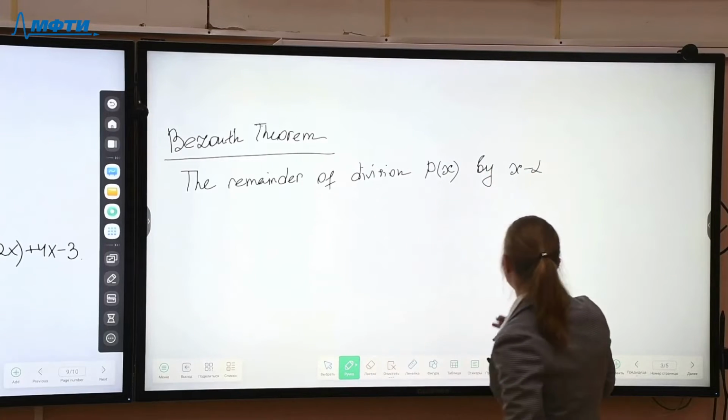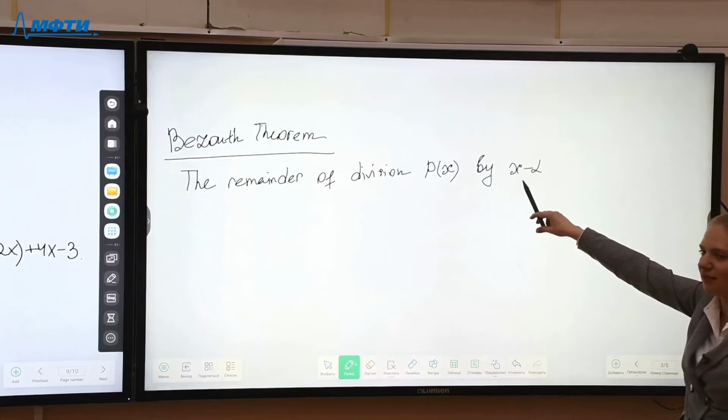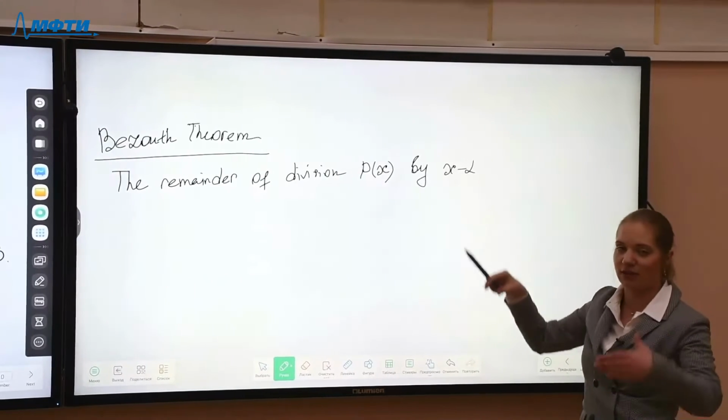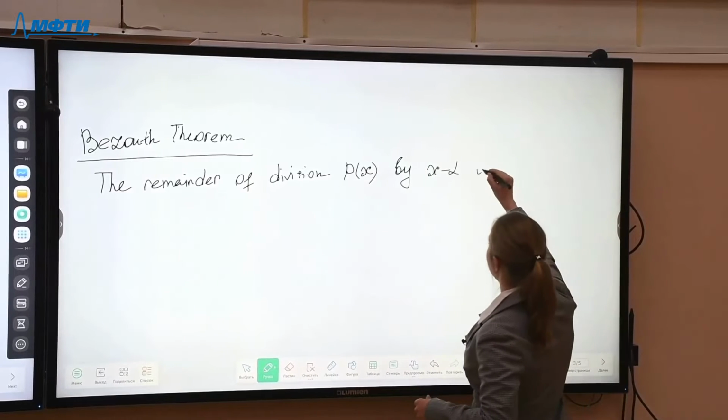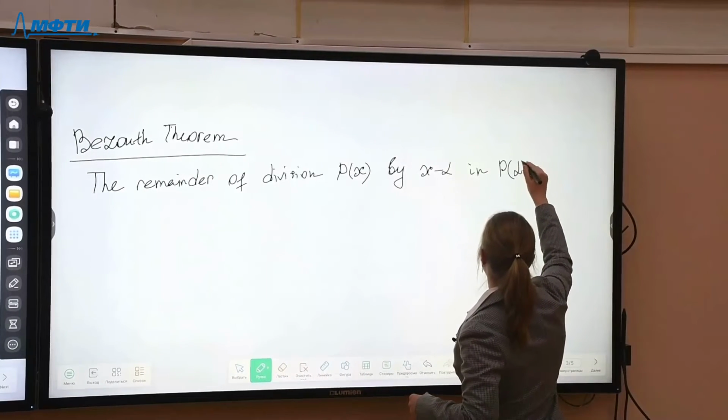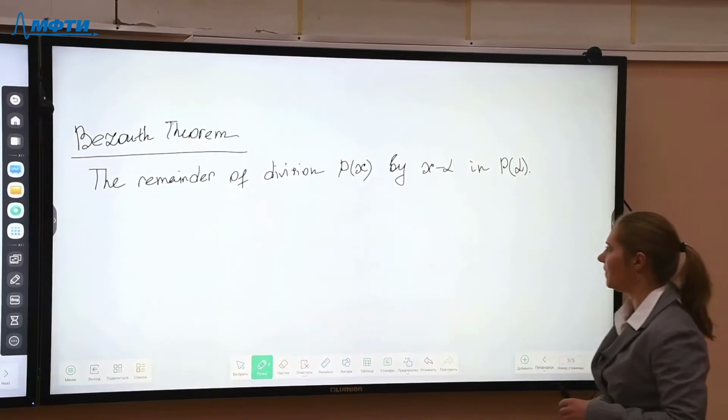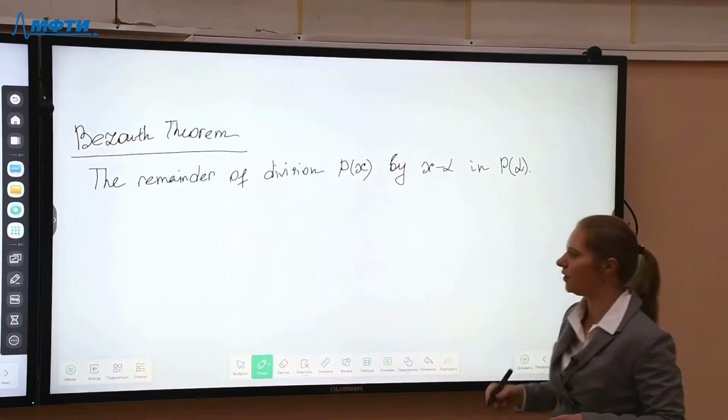It is important that the coefficient of x here is 1, and this is a linear polynomial, so it's just x minus alpha, is p of alpha. So this is the value of this polynomial at this alpha, at this point.